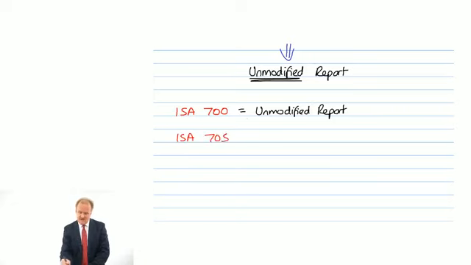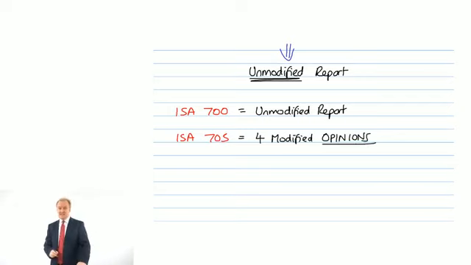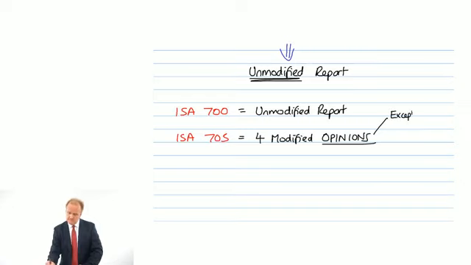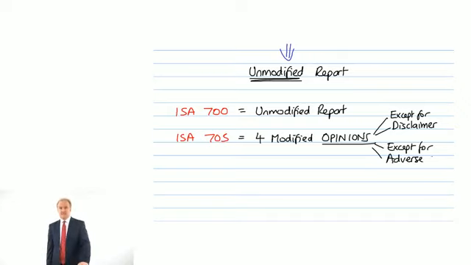ISA 705 are the 4 examples of the modified opinion section. Which was except for and disclaimer for lack of evidence, and then except for and adverse for misstatements.